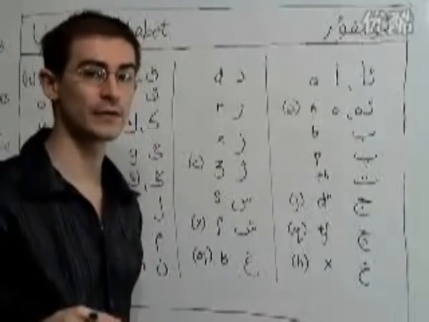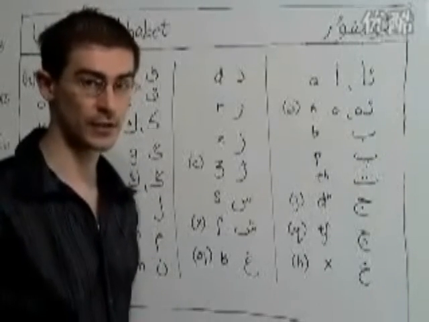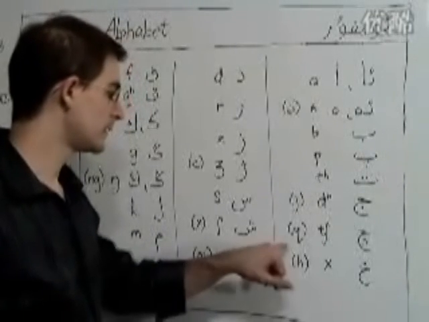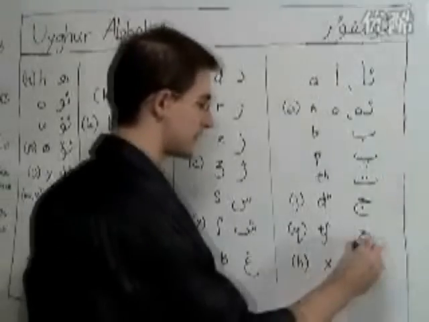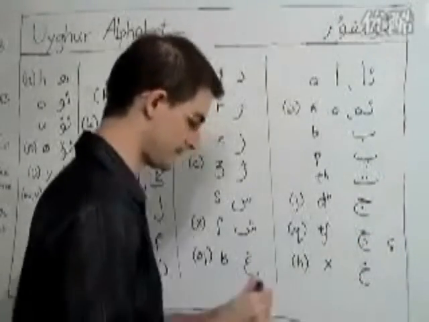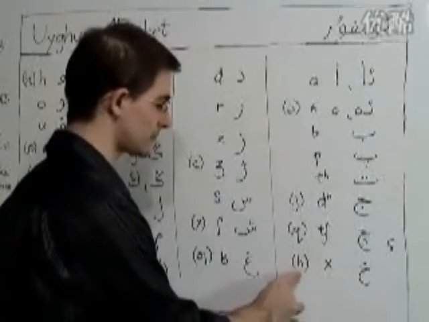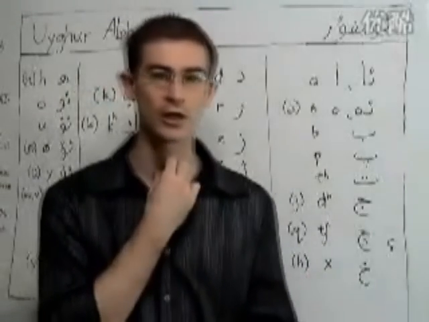Remember, Uyghur is an Altaic Turkic language, so it's very closely related to Turkish. The spelling here is sort of like the Turkish ch. Okay. Here we have the H sound. It's written as an H, but it's a little bit more guttural.